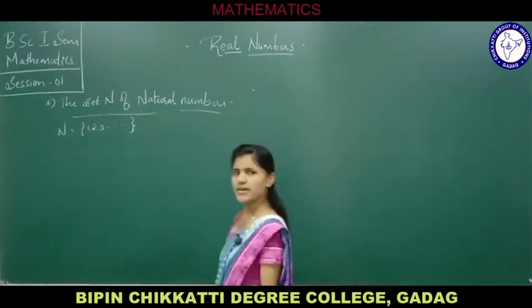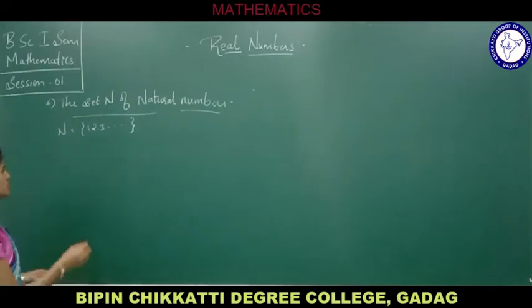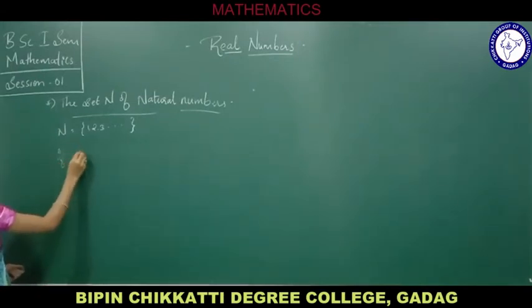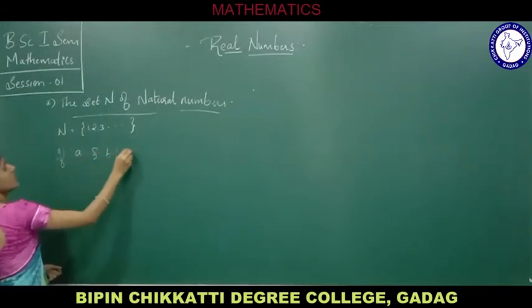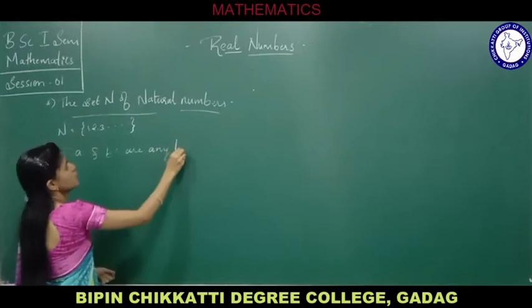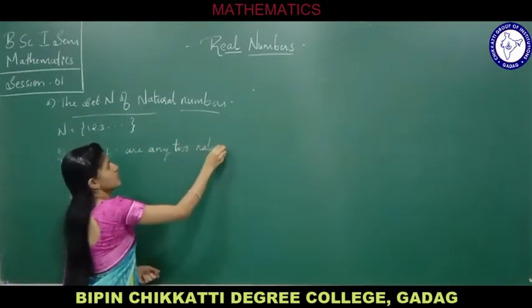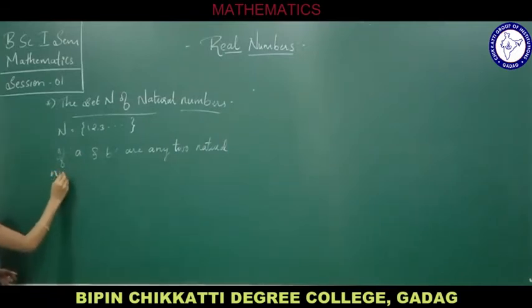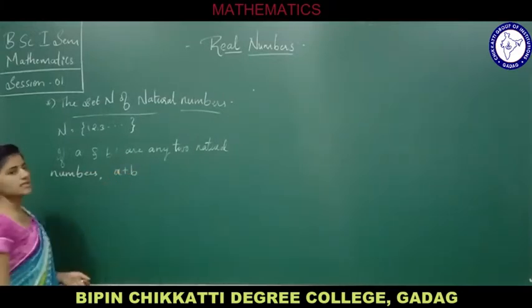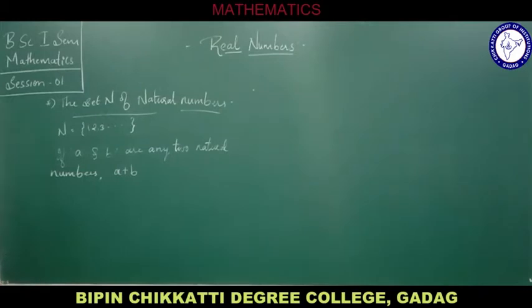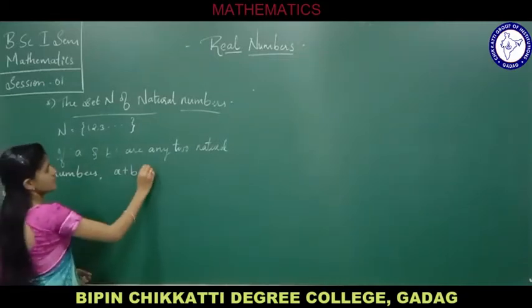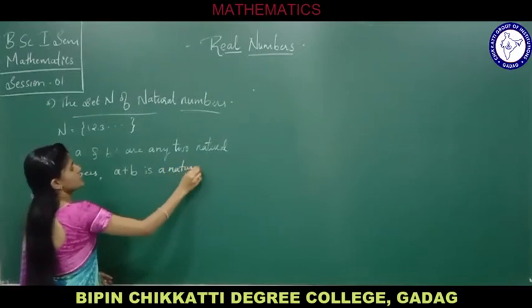If A and B are any two natural numbers, then of course we find that A plus B, which is the sum, is also a natural number.